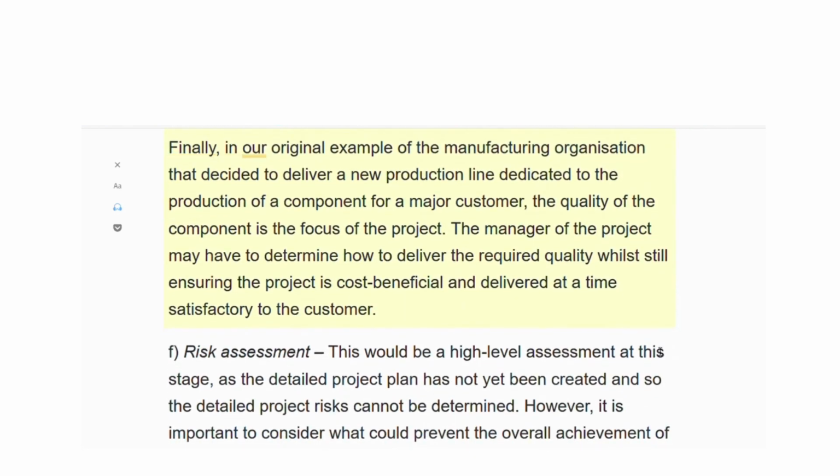Finally, in our original example of the manufacturing organization that decided to deliver a new production line dedicated to the production of a component for a major customer, the quality of the component is the focus of the project. The manager of the project may have to determine how to deliver the required quality whilst still ensuring the project is cost beneficial and delivered at a time satisfactory to the customer.